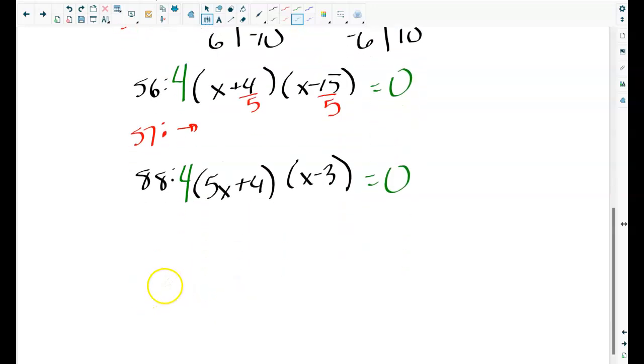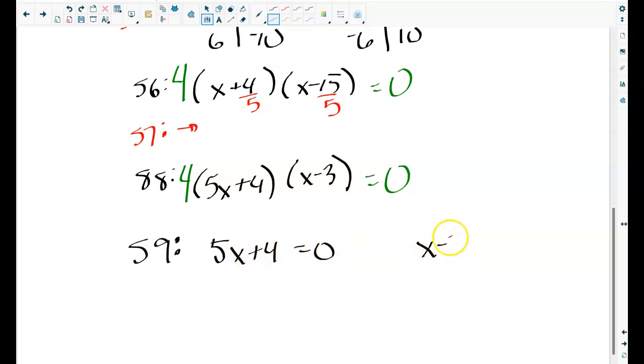And again, the lesson is factoring, so you're done here, but you might be asked to come up with a solution. So let's introduce a step 9 here. This is nothing new, so it won't be part of the master steps because this is so obvious. You would set this up as 5x plus 4 equals 0 and x minus 3 equals 0.